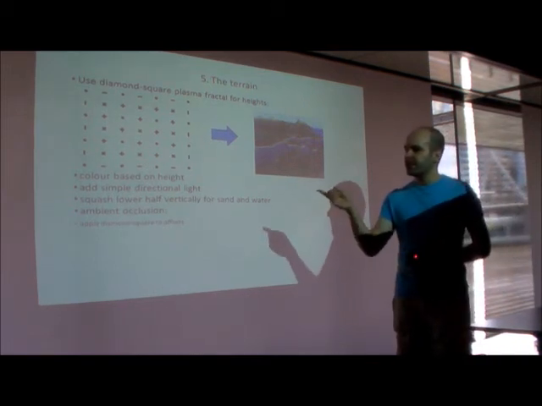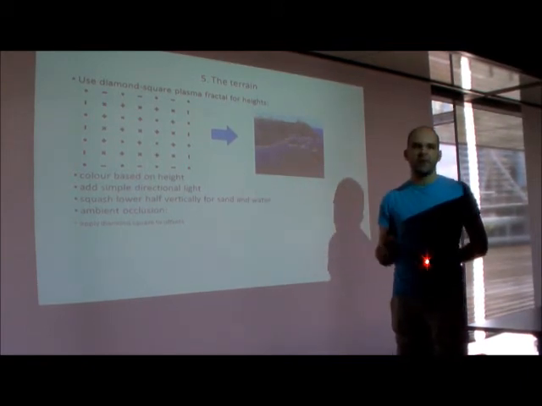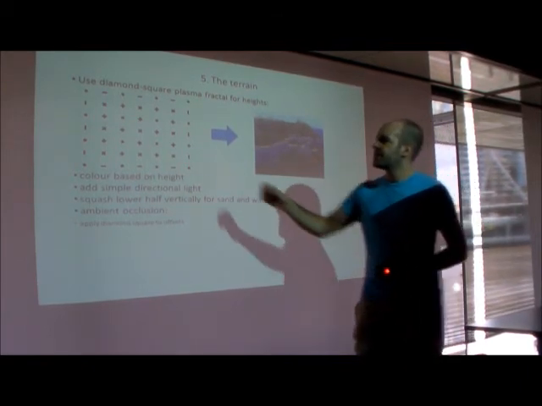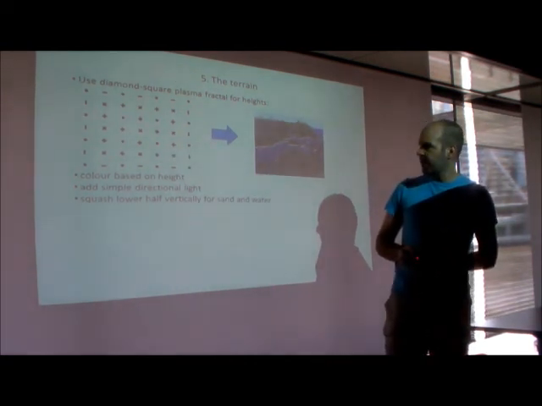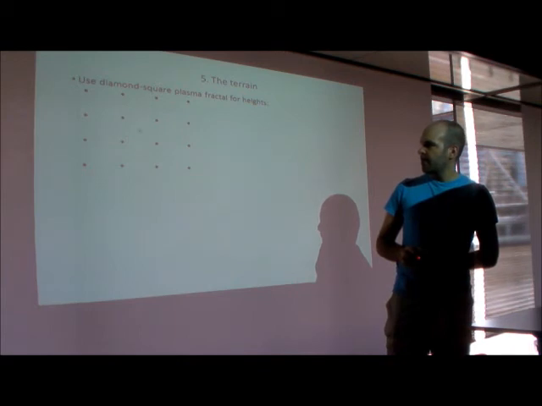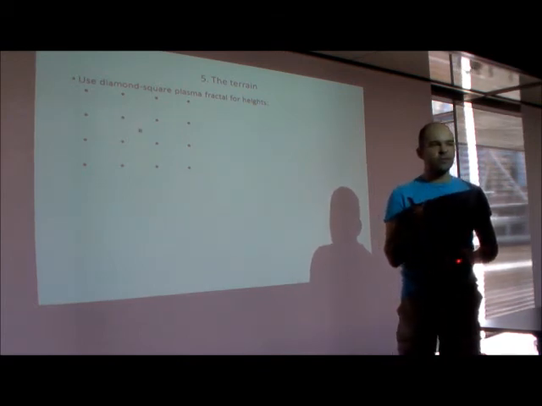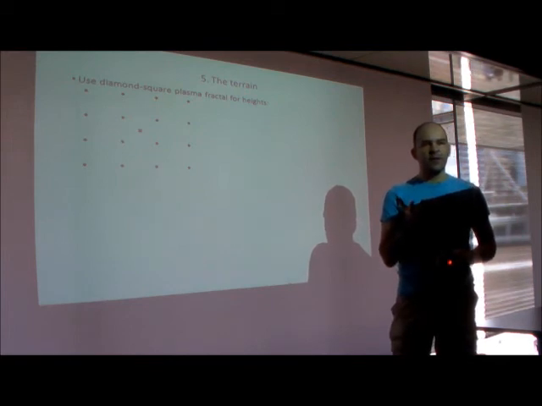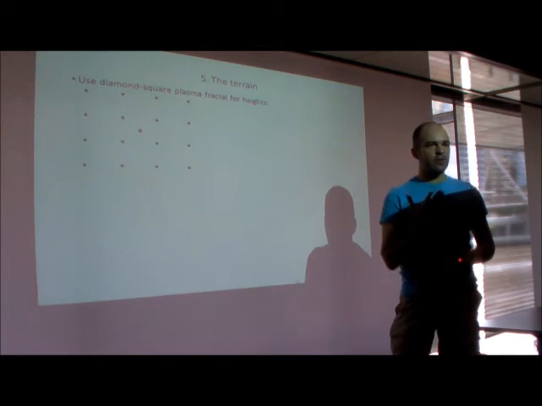So ambient occlusion is quite easy to do. You follow pretty much the same algorithm, but every time you generate a new point, what you're trying to do with ambient occlusion is shade it based on whether it's really concave or whether it's really convex.